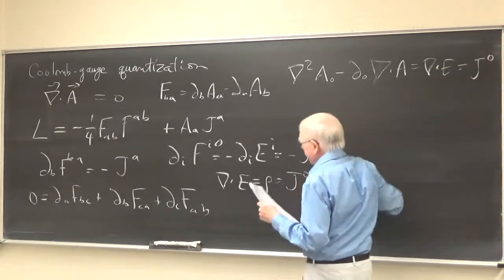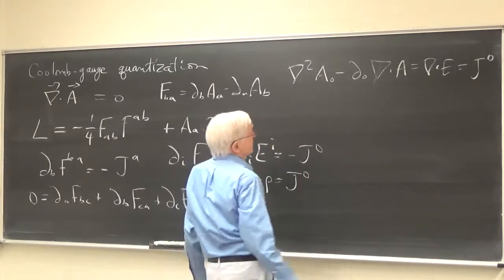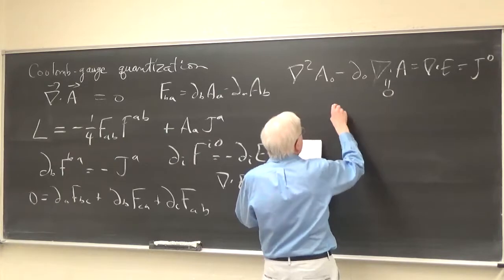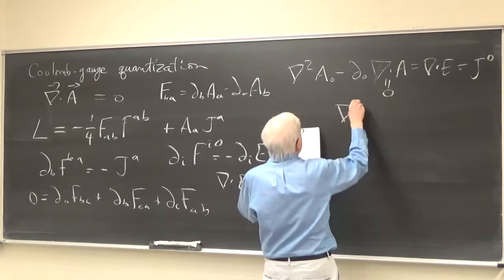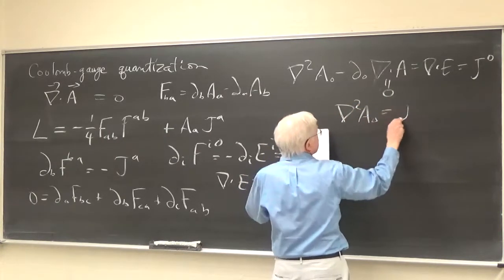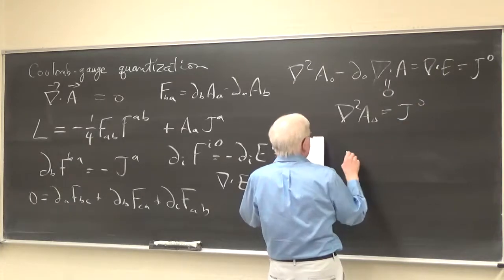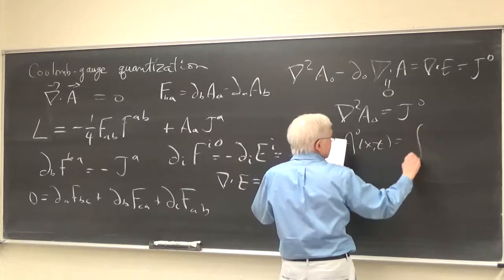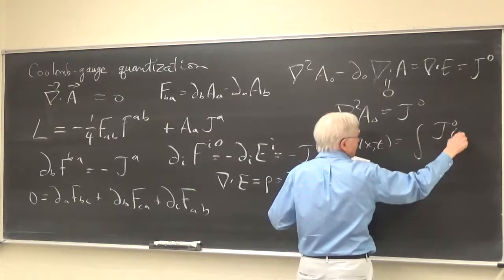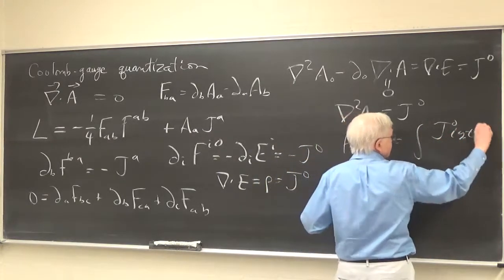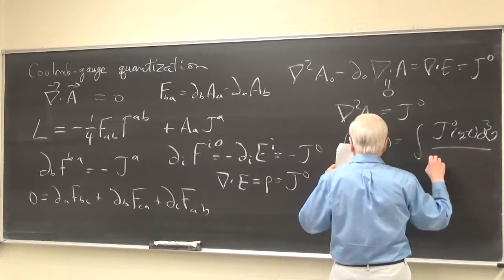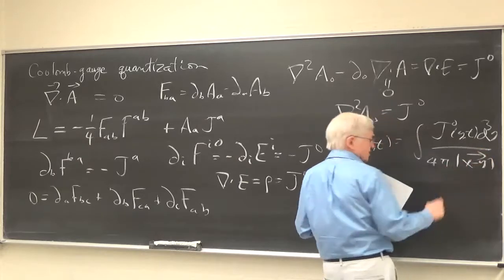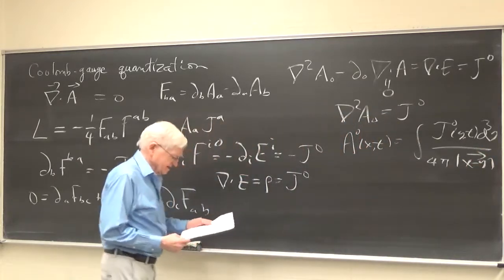So this is true in an arbitrary gauge. In Coulomb gauge, this term is 0, and consequently you have grad squared A_0 is J^0, and this gives A_0 of x and t as an integral of J^0 of y and t, d cubed y over 4 pi |x minus y|. So this is a review of what we did last time.